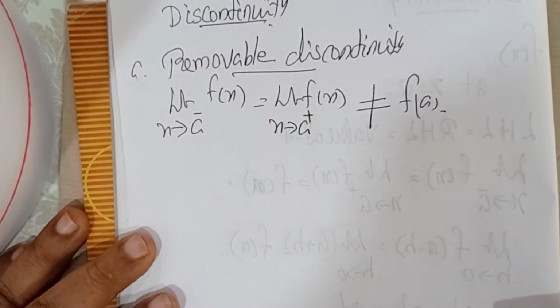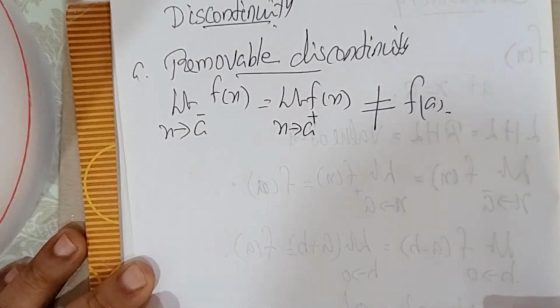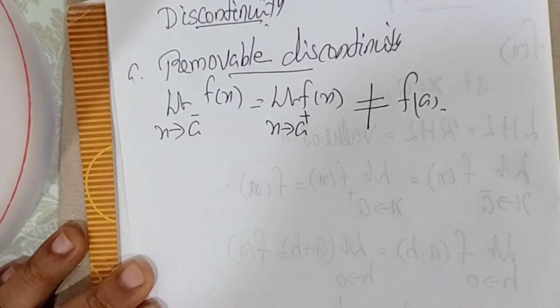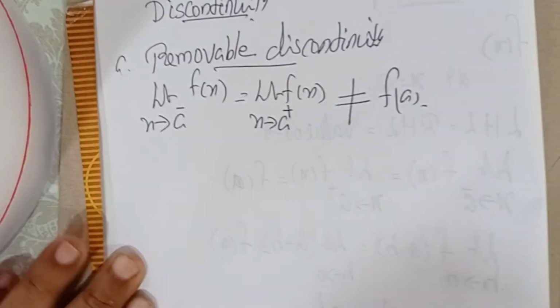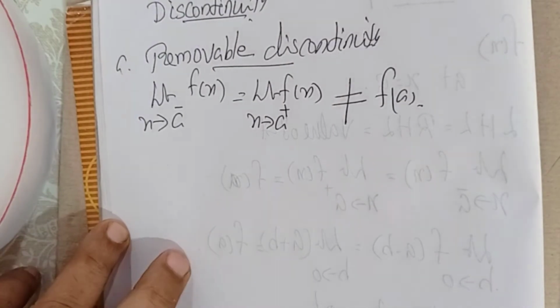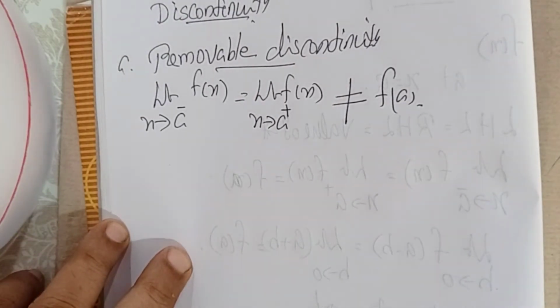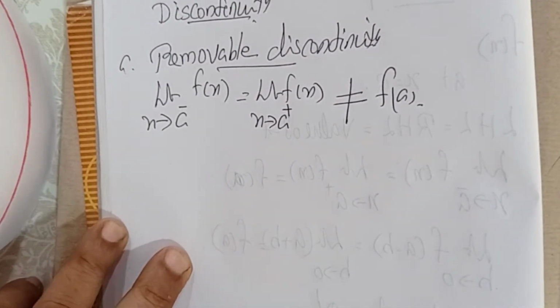The LHL and RHL limits are equal, but the value of the function at a is not equal. Then we can say that it is a removable discontinuity. We can remove the discontinuity by redefining the function.